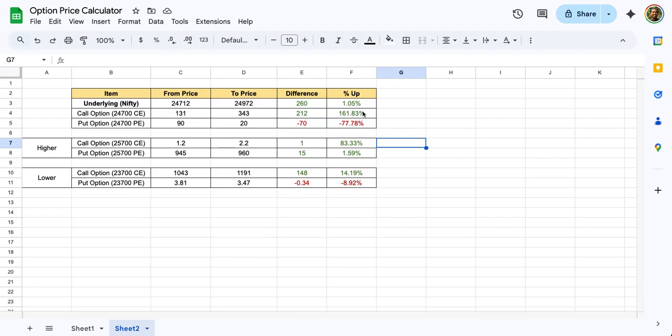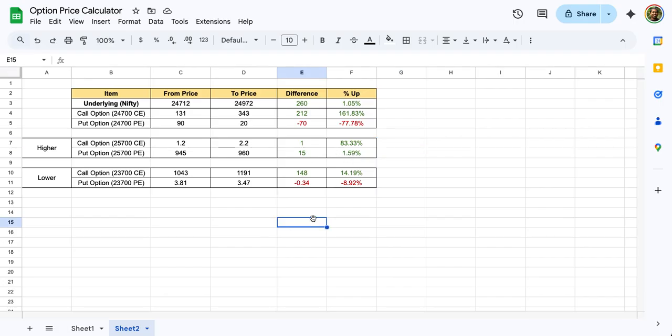This one is 161%, this is 83%, this is 14%, and this is 77%, 8.9%, and this is even reverse. I said the put option price should go down when the underlying is going up. Here the put option price went up by 1.59%, very minimal, but it went up, right?